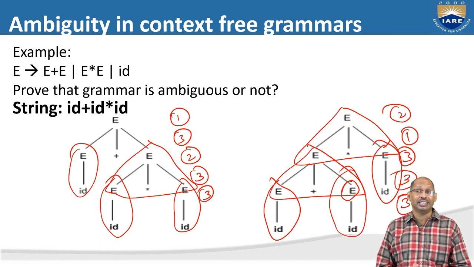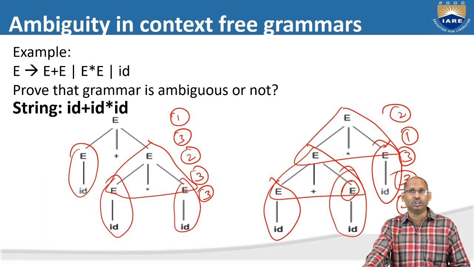But the sequence of steps is different in both of these leftmost derivations. Because it has more than one leftmost derivation, we can say the grammar is ambiguous. Right?